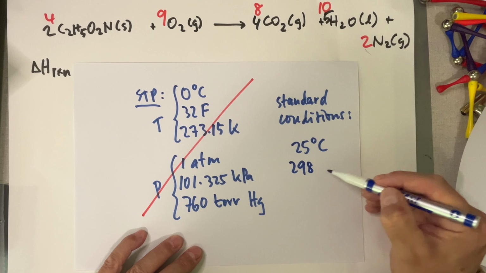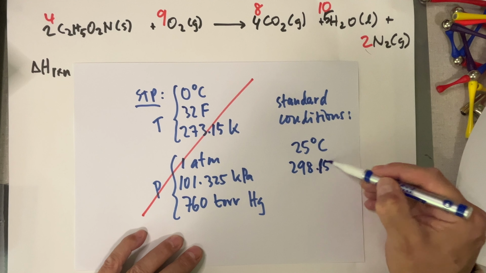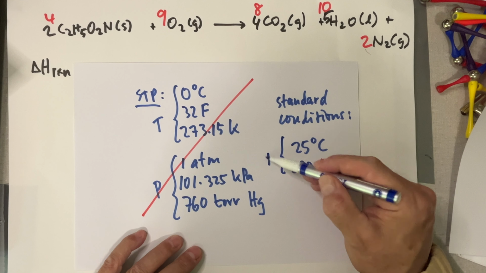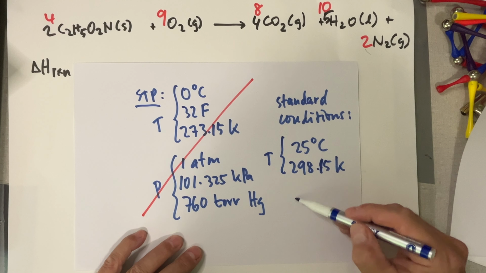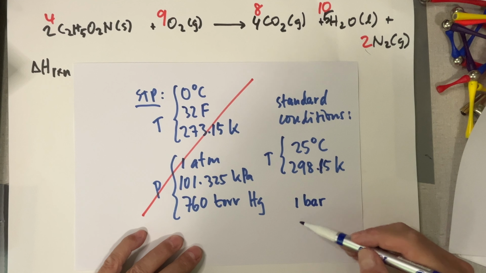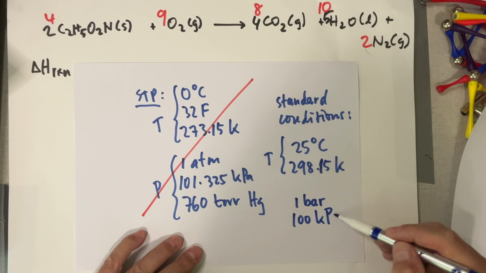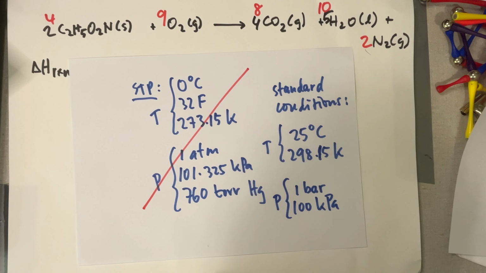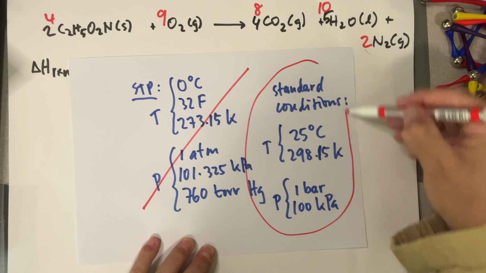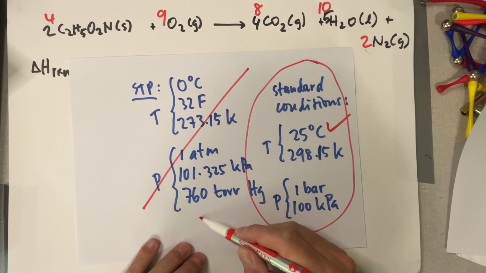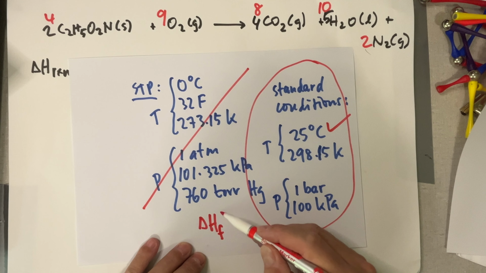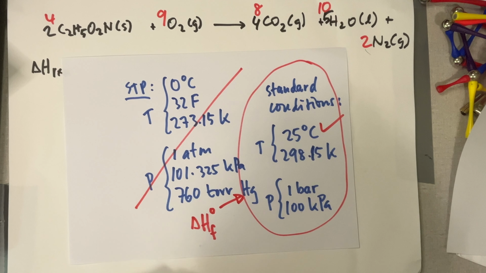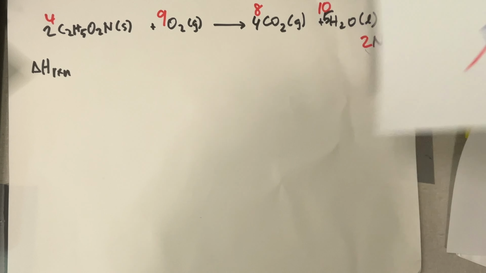That translates to 298.15 Kelvin. And the pressure is also different. This is the temperature, and the pressure is 1 bar, which is 100 kilopascal pressure. So these are the standard conditions when we talk about that 0. That refers to these conditions. So just keep that in mind as well.